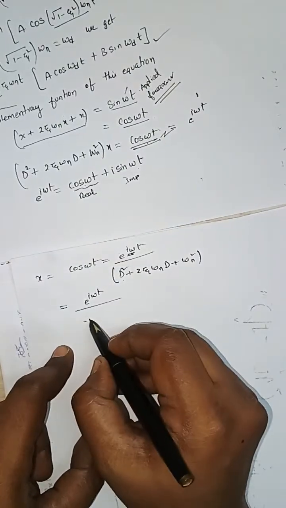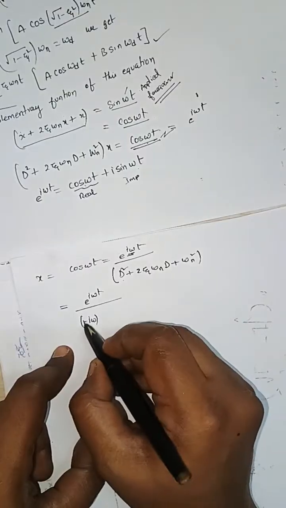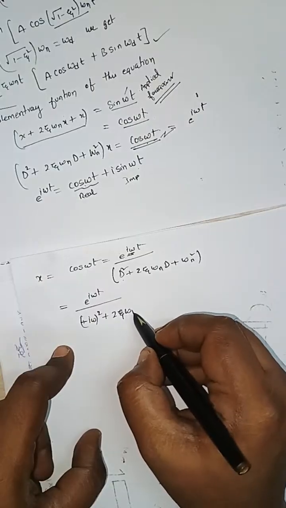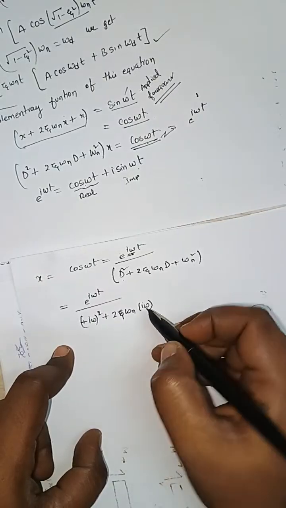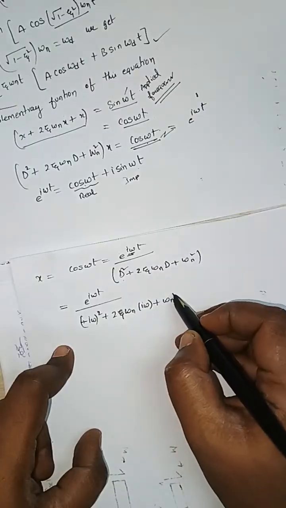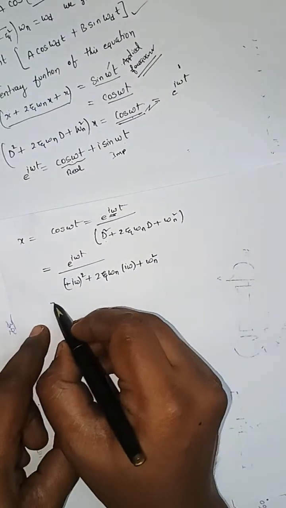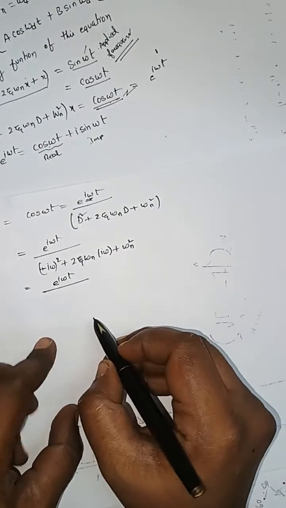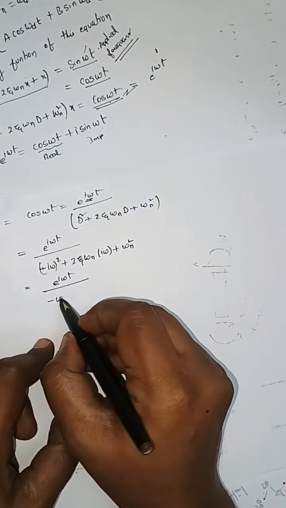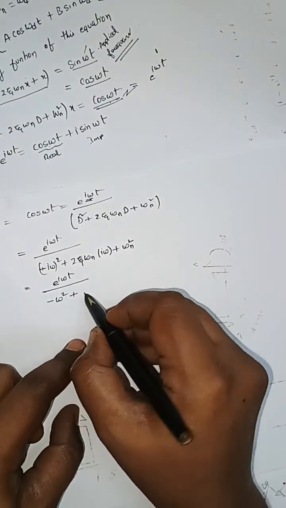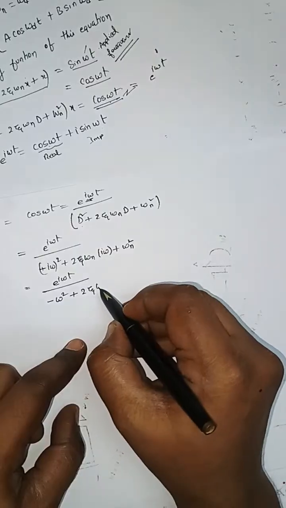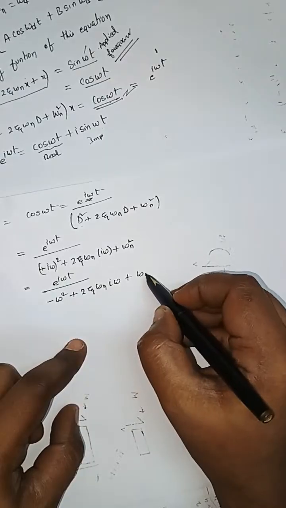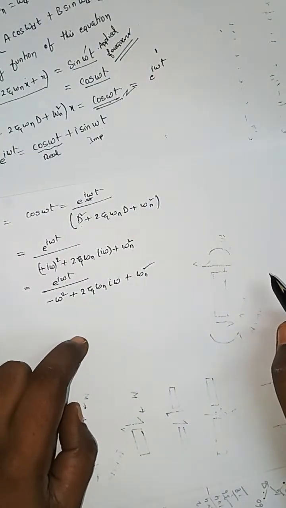What we get is i omega square plus 2 zeta omega n i omega plus omega n whole square. So this turns out that e power i omega t divided by minus omega square plus 2 zeta omega n into i omega plus omega n square.